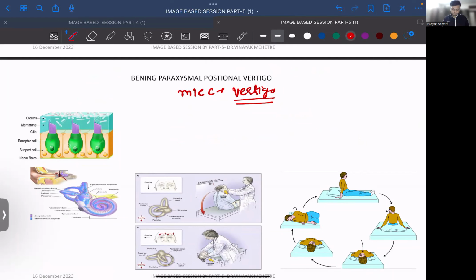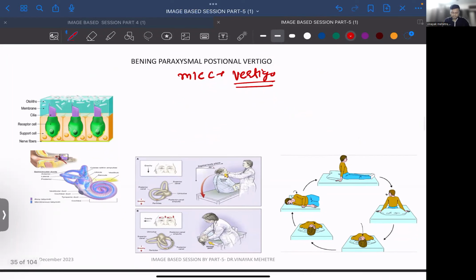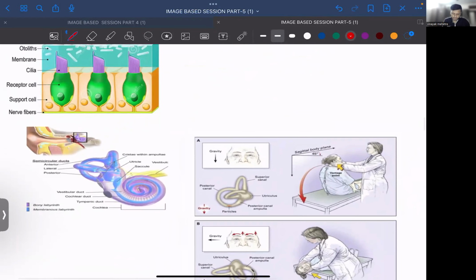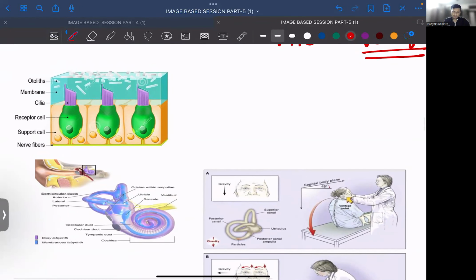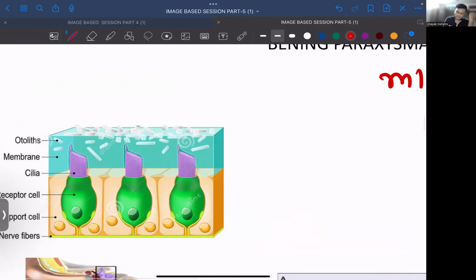Take a look over here. In the saccule, utricle, and vestibule, we have something called otolith. These are small particles, nanoparticles.